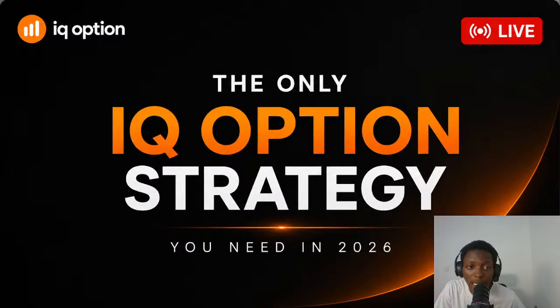Okay, so as I'm saying, we're going to be using these 3 different indicators at the same time, so that we'll be using a confluence strategy. We're going to be using moving average 7 and moving average 14.